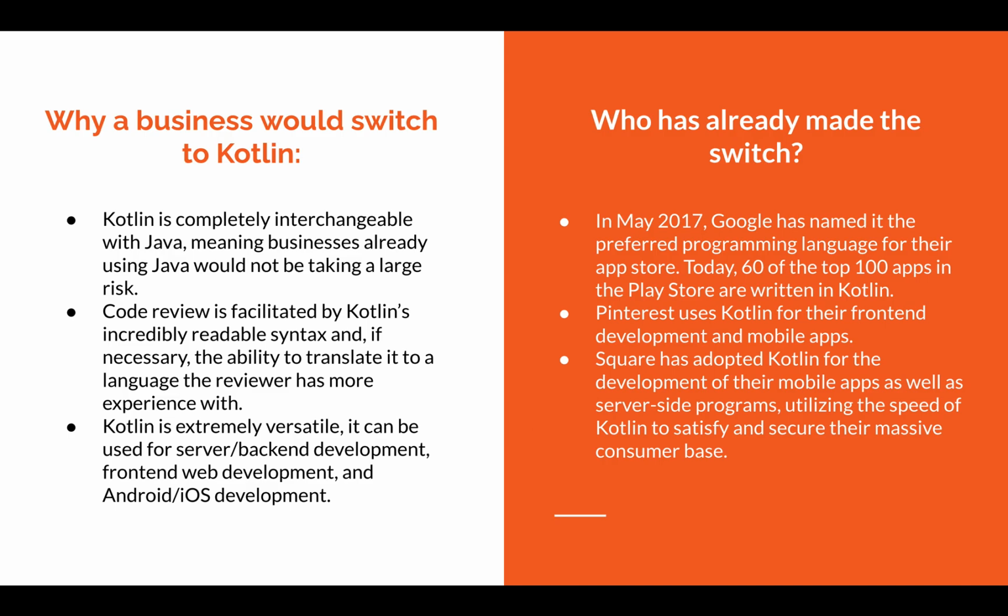Square adopted Kotlin for the development of their mobile apps as well as their server side programs because they have a massive consumer base, which includes a lot of extremely confidential data, credit card numbers and CCVs, and they use Kotlin's speed and security to make sure that their massive consumer base is able to be pleased by their platform.